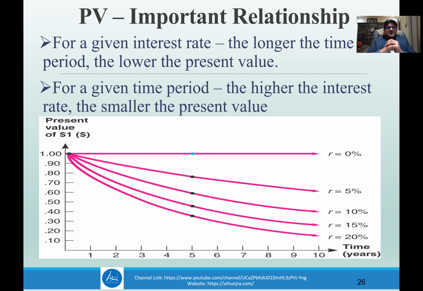In the case of present value, that is discounting, there is an inverse relationship between the interest rate, denoted by R, or small r, or small i. Both are the same. N can also be denoted by T, time period. So in this case, the higher the interest rate or time period, the lower will be the present value.